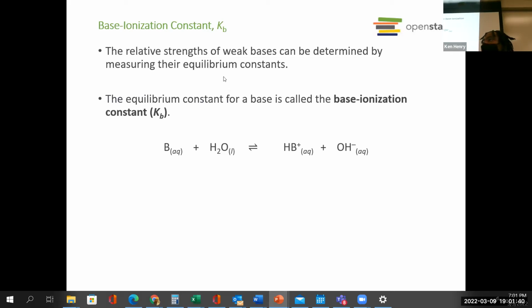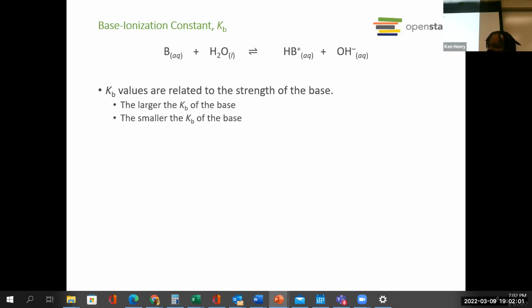The constant for bases is called Kb, or the auto-ionization of bases. If we put the base into water, we get our conjugate acid and we get hydroxide. This works exactly the same way. If I have a large value for Kb, that means it's going to be more basic compared to if I have a small value for Kb.